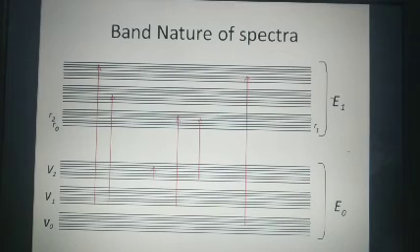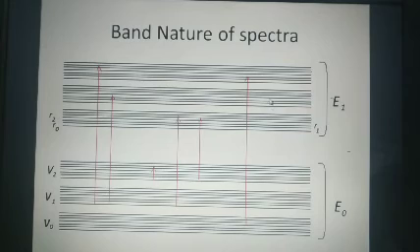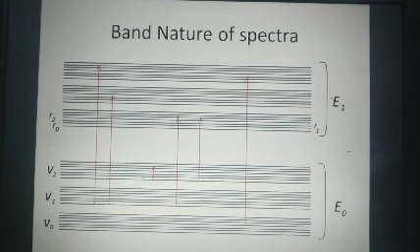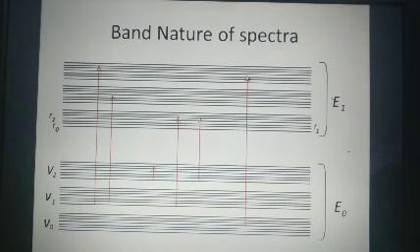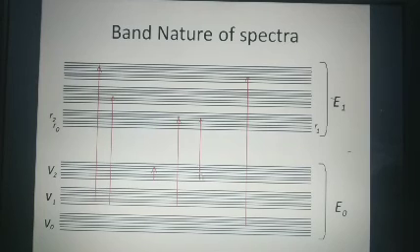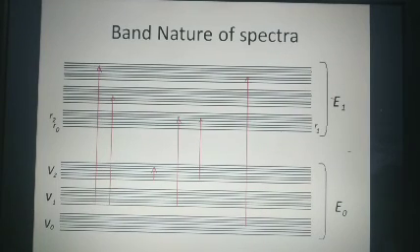That is why we do not get a line spectra for the UV visible, but a band spectra. Why do we get the band spectra? Because an electronic transition is a high energy transition that is sufficient to cause other transitions: transitions between the various vibrational levels and between the various rotational levels. So the mixed spectra is there, that is why we get the band spectra. Remaining we will discuss later on. Okay, thank you.